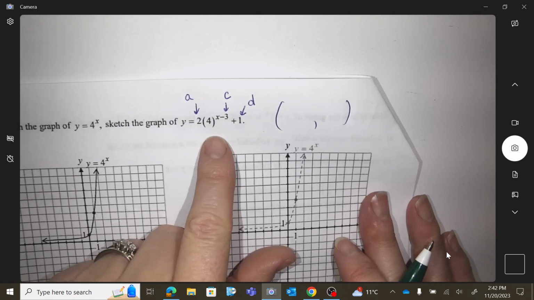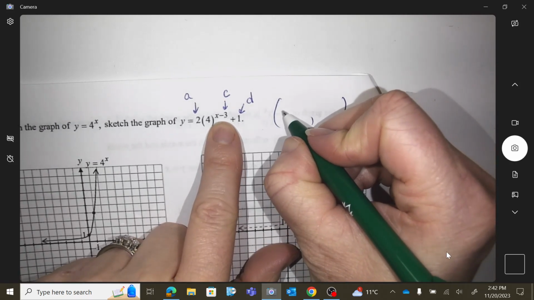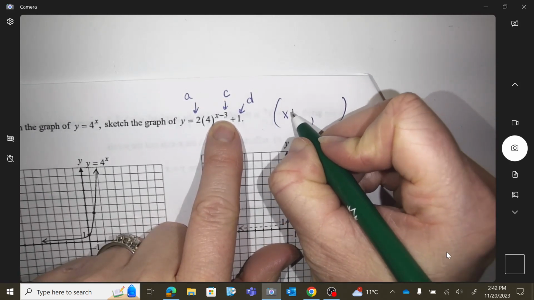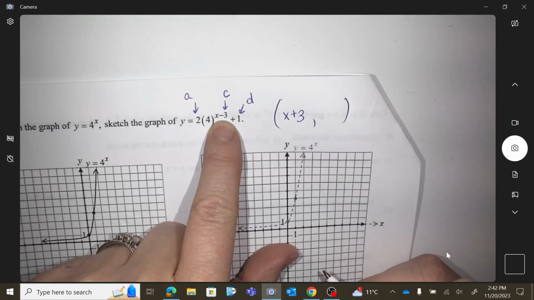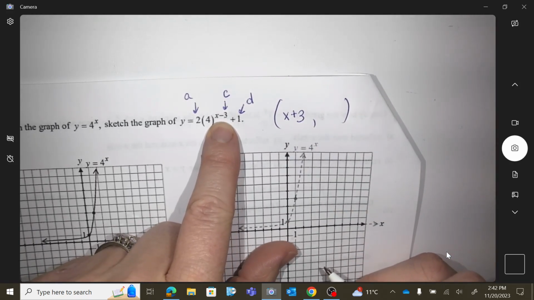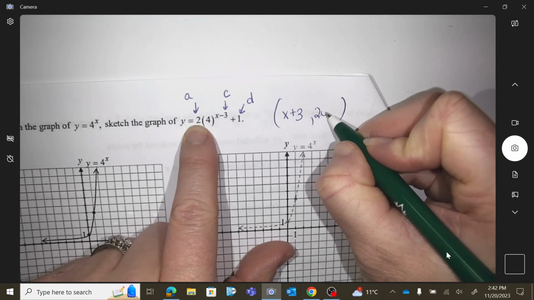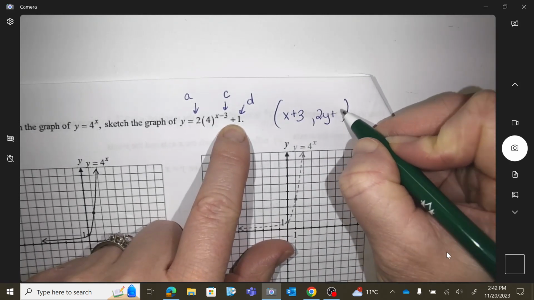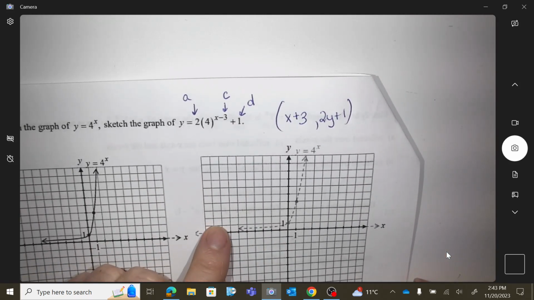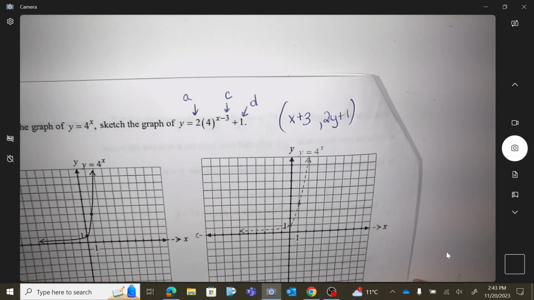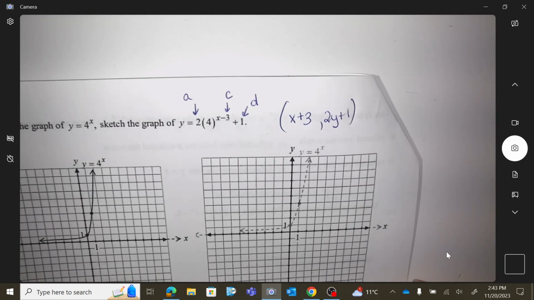What are you going to do? So X will have to add 3, because that's just going to move it right 3. And you're going to go 2y plus 1. See, all that stuff is the exact same as last unit, right?